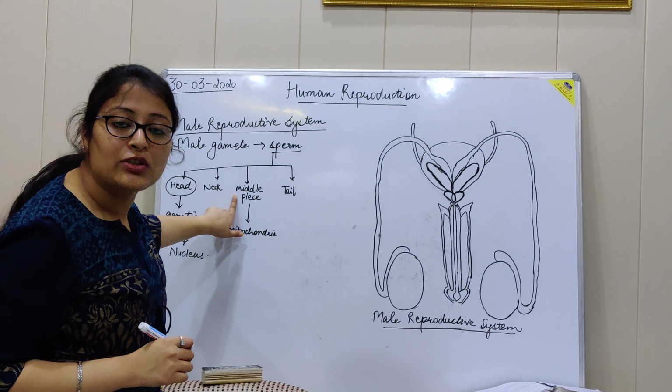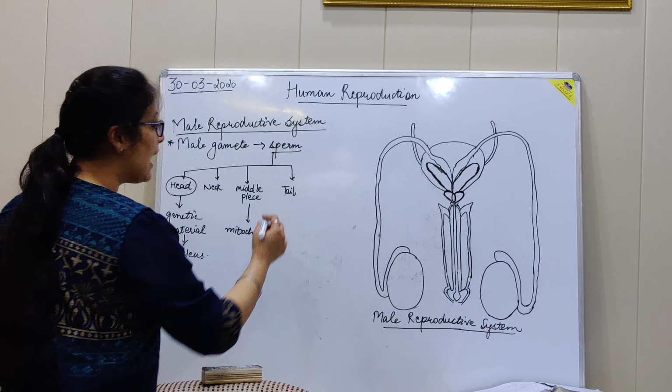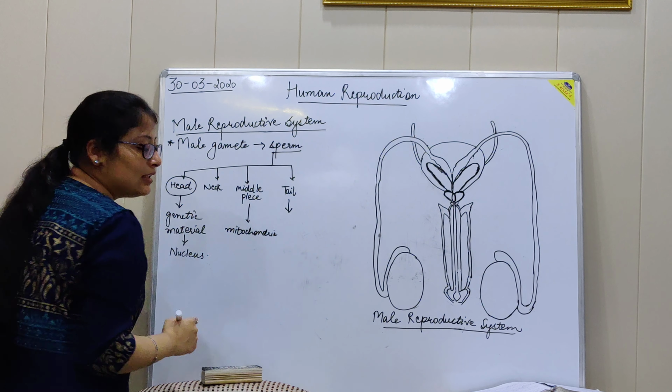It consists of mitochondria that provides energy to the sperm for its movement, and the tail is the one that helps in the movement of sperm.